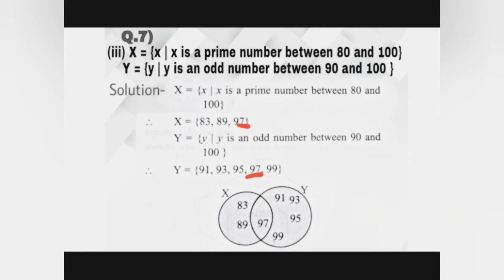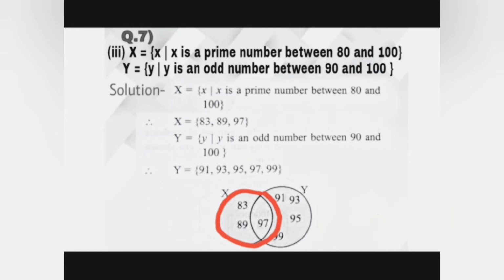This element is common in both sets. So here also we have to draw two intersecting circles, and similarly we have drawn two intersecting circles here. 97 is the common element for both, and the other elements we will write in the remaining places.